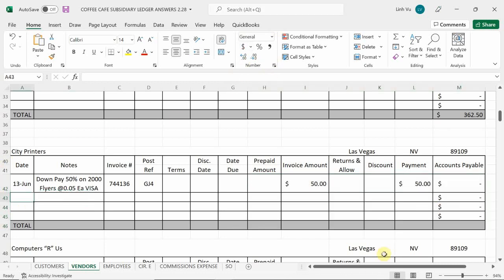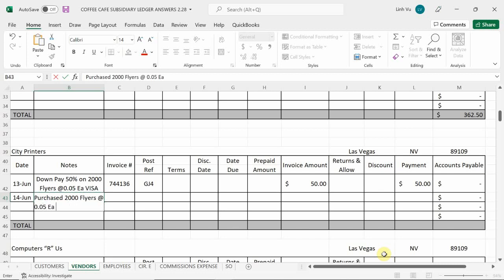Then on June 14, we applied the 50% down payment, and we paid with Visa credit card.